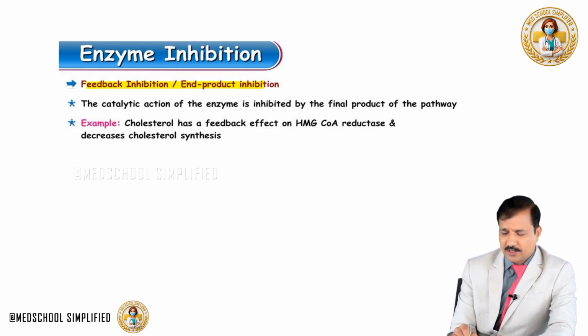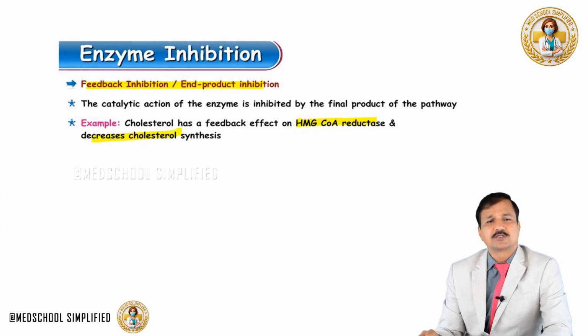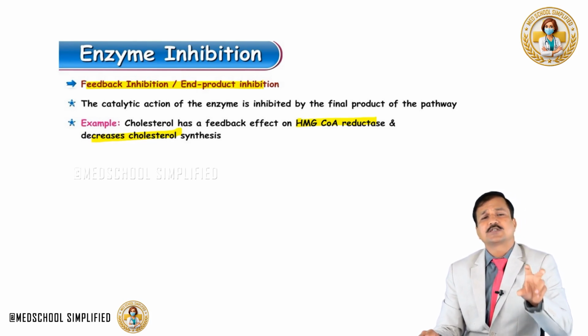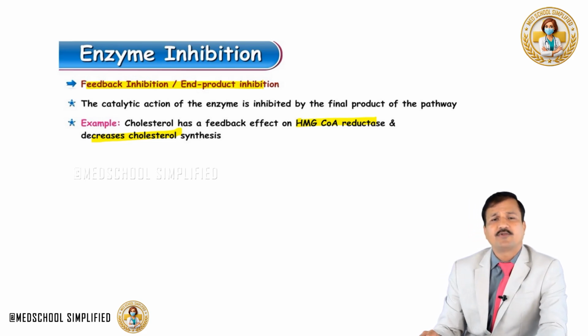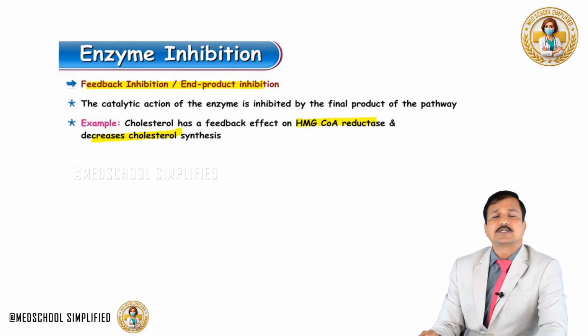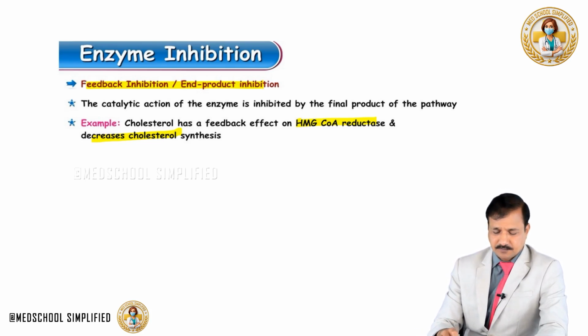HMG reductase enzyme is feedback inhibited by cholesterol, thereby decreasing cholesterol synthesis. Whenever we have excess cholesterol in the cytoplasm, that excess cholesterol itself will have a negative effect on HMG reductase enzyme, thereby decreasing its activity.